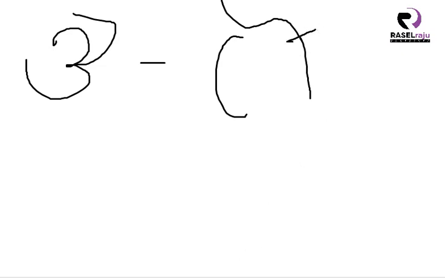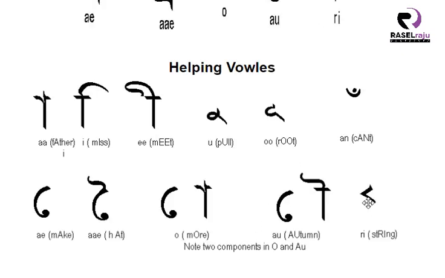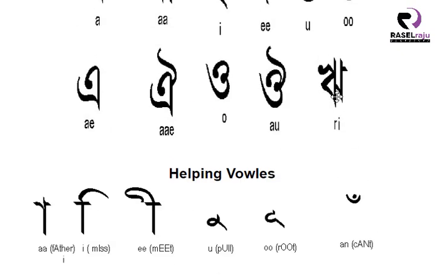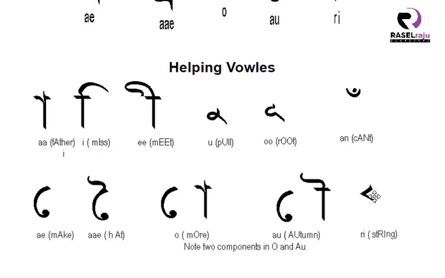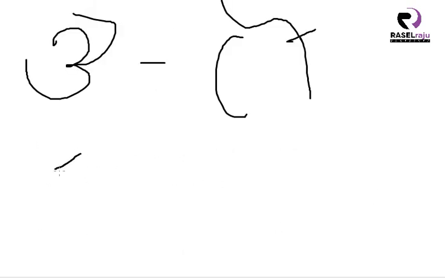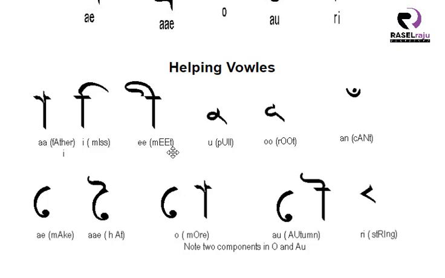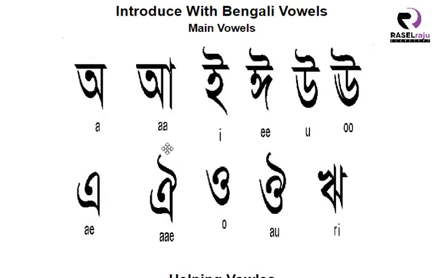Okay. It's re. It's a main vowel. Re. It's a helping vowel. Very easy to write. Just simple. Re. Okay. So these are Bengali vowels.